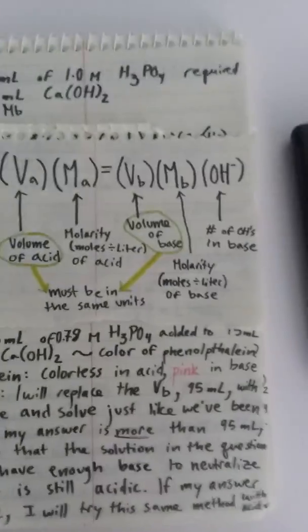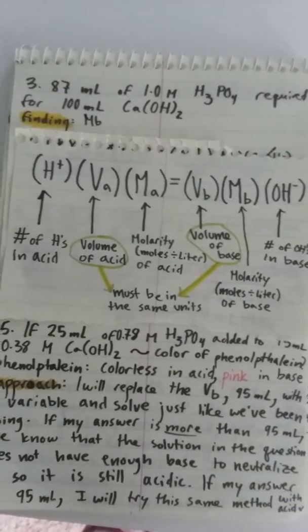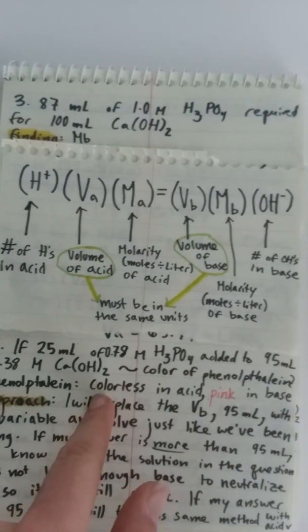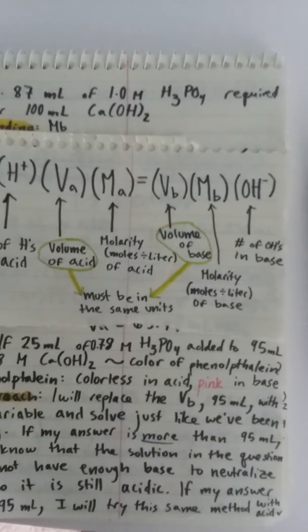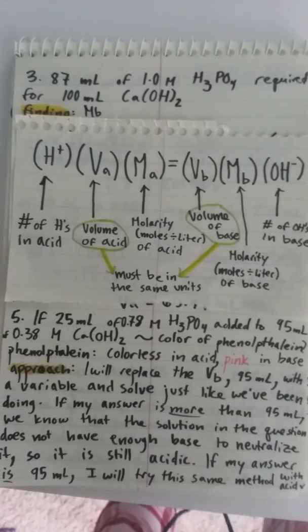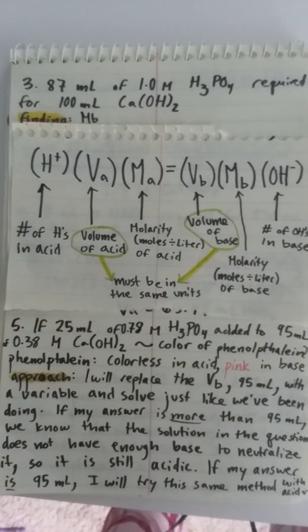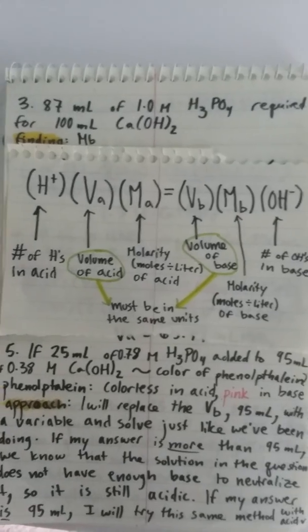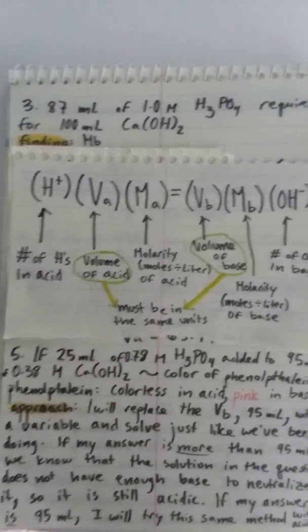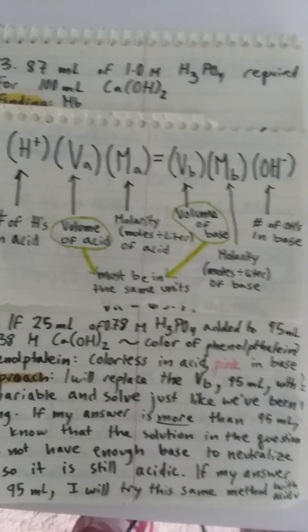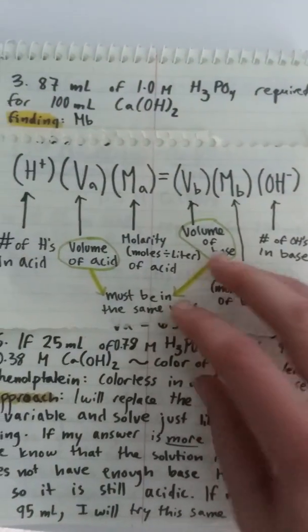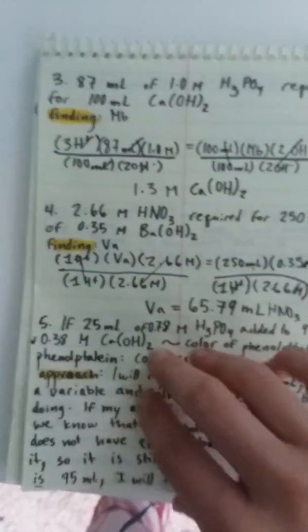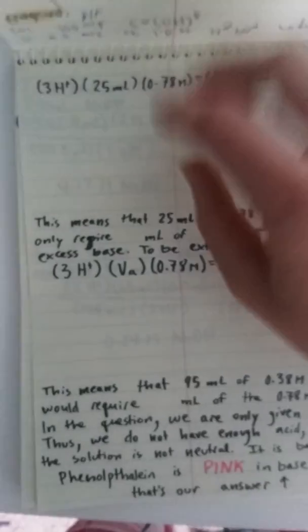And if the equivalence point requires less than 95 milliliters, that would mean we have too much base and the solution would be basic. If we have too much base, that means we don't have enough acid. So it's two ways to look at it, and I wrote the same thing there that I just said. So let's try it.